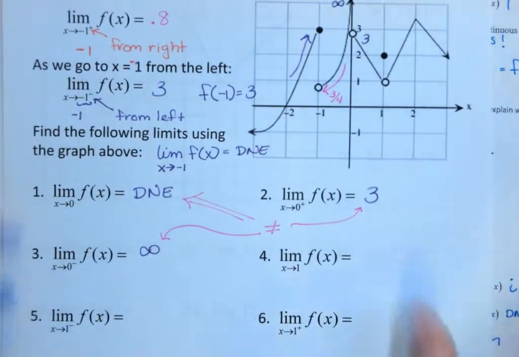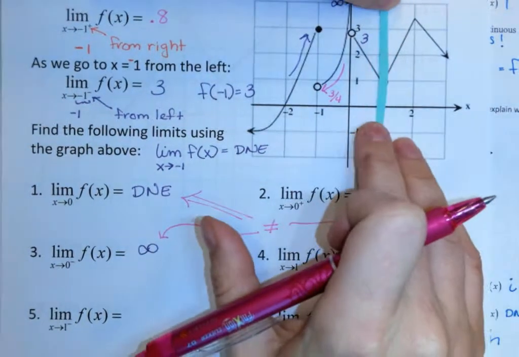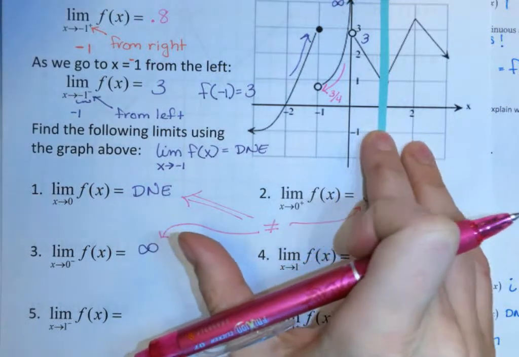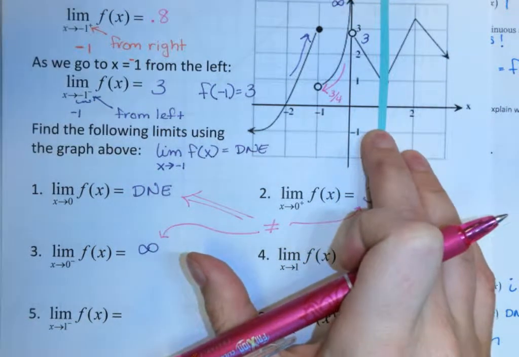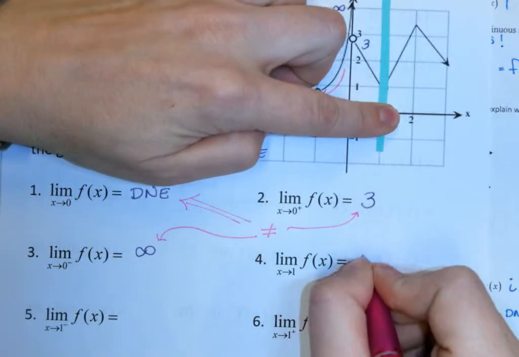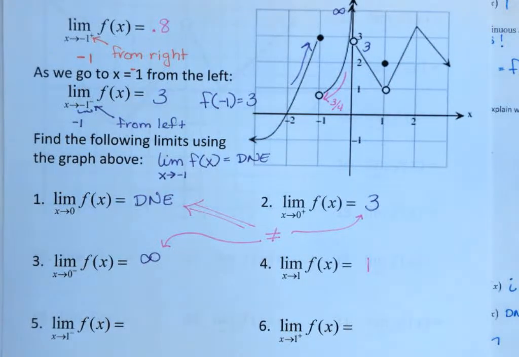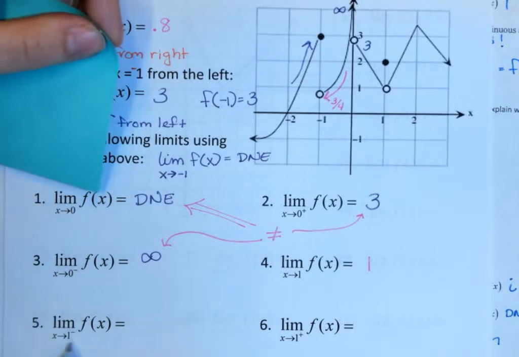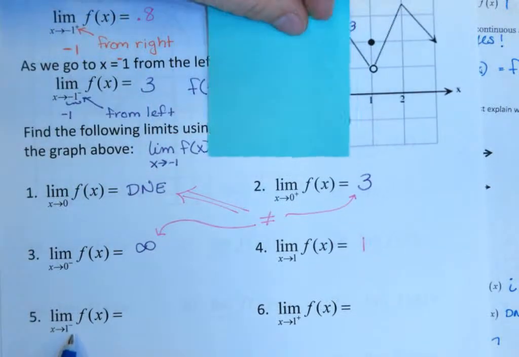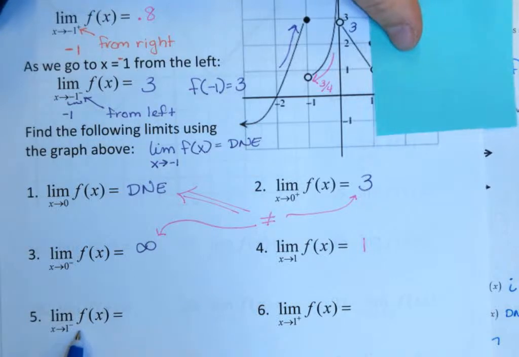So the next one is talking about 1. Is it an overall or is it just a side? Overall. So what is the overall limit for 1? 1. And that is because if I come at y from, which side is this? The left. If I look at it from the left, what is it going to?